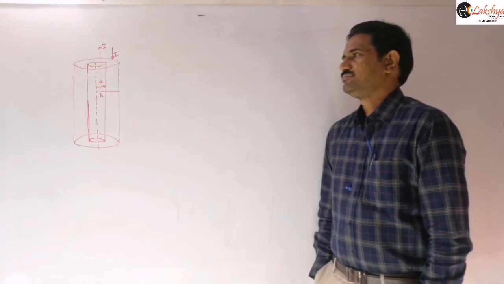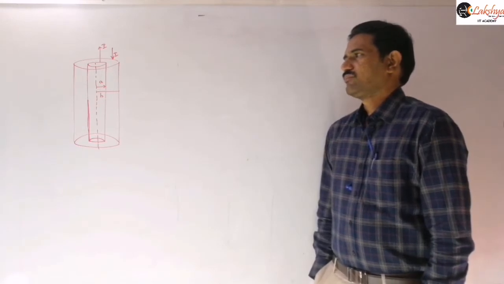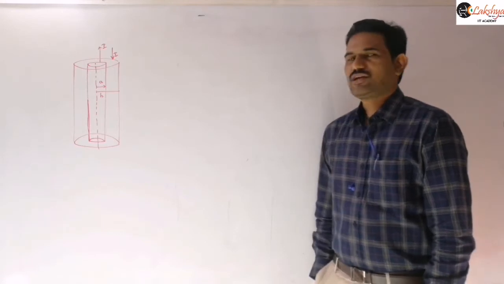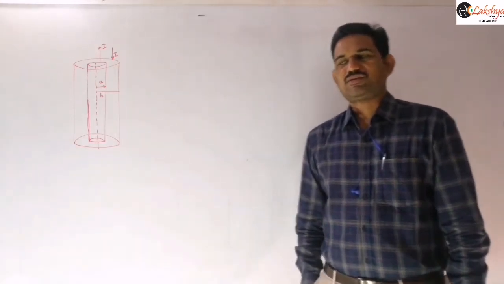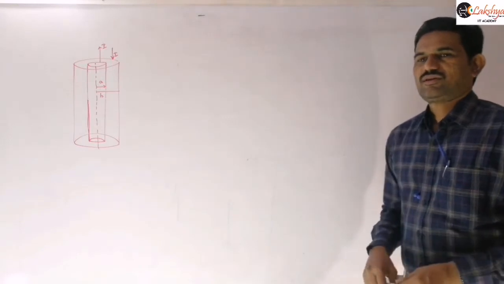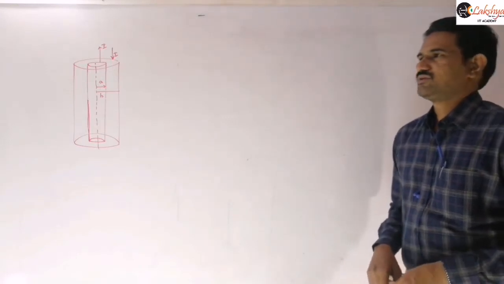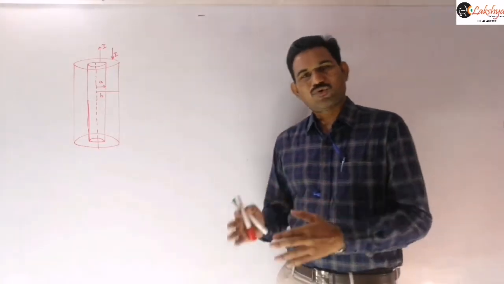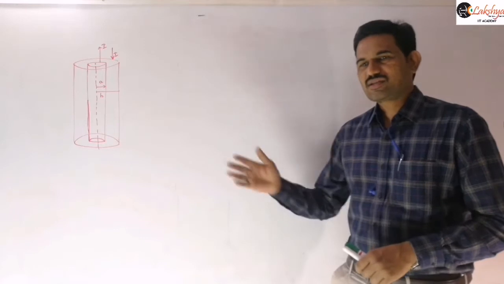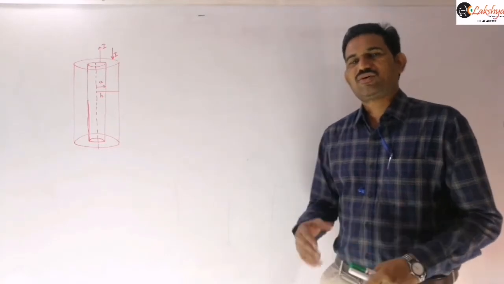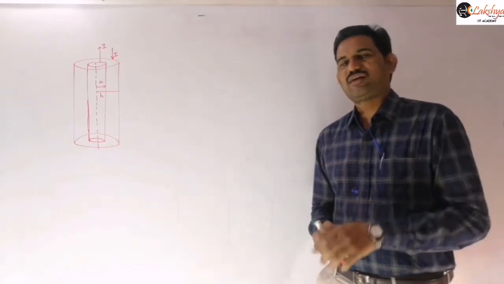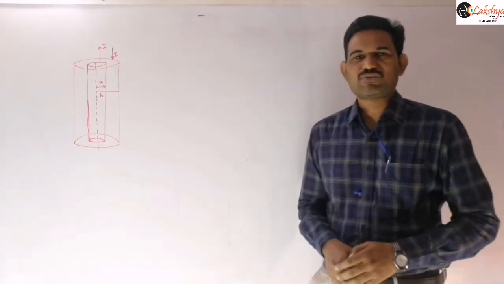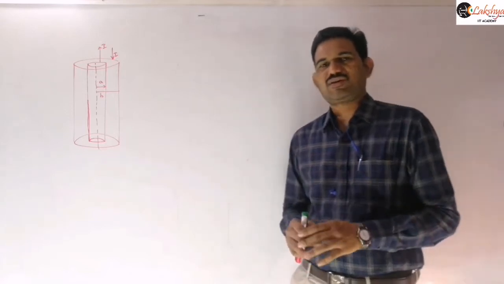Find the inductance per unit length of this arrangement. That means the same question they will give as a coaxial cable. Coaxial cable means an arrangement like this: current will flow in one direction to a device, and then from the device it will come back in the opposite direction. So in such an arrangement we can use that.